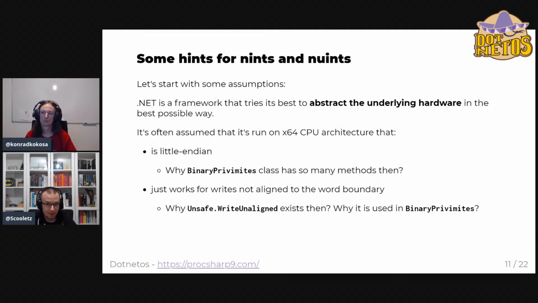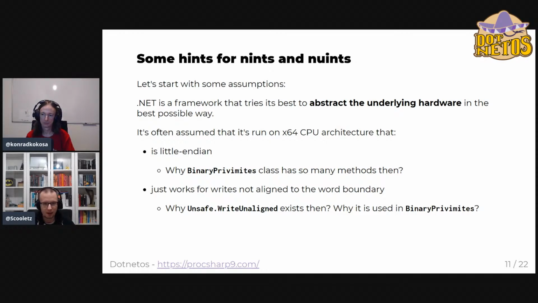And you can follow it up with a question: if that wasn't the case, why would .NET provide Unsafe.WriteUnaligned? If we take a look at BinaryPrimitives, the very last call of every method writing an integer, short or long to the provided span is actually Unsafe.WriteUnaligned.